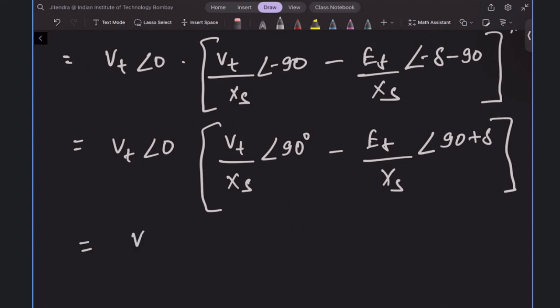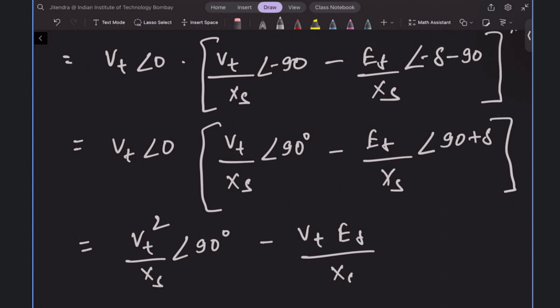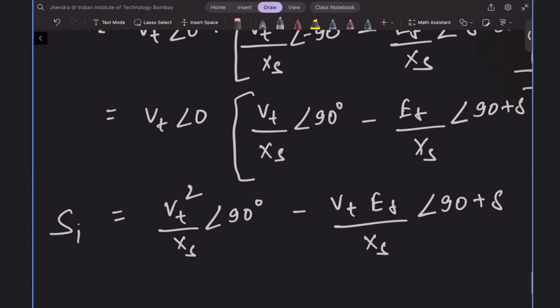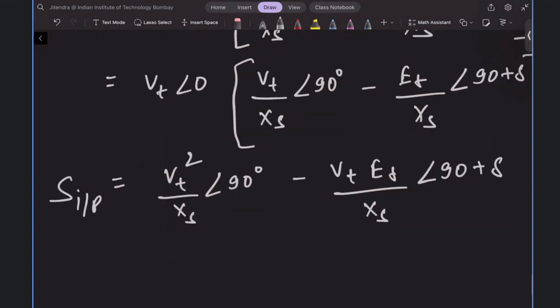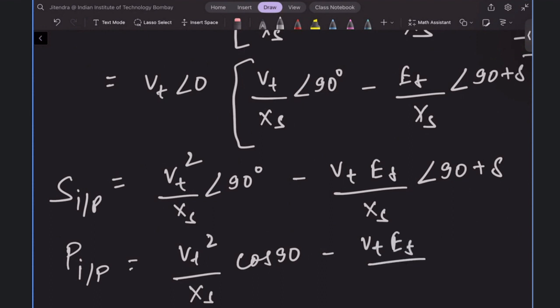Okay. So now it's time to club both the terms. Vt square by xs angle 90 minus VT EF by xs angle 90 plus delta. So this will be your input apparent power. I hope it is fine till now. Now we want to compute input real power. You just have to take the cosine of both the components, and it will be Vt square by xs cos 90 minus VT EF by xs cos 90 plus delta.